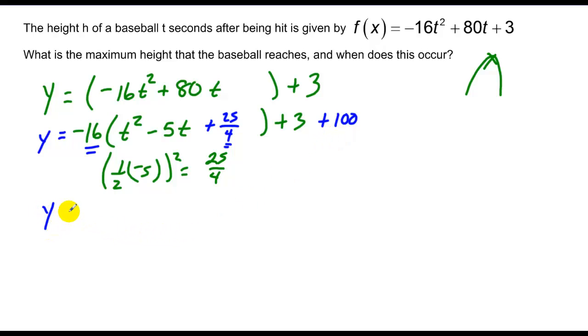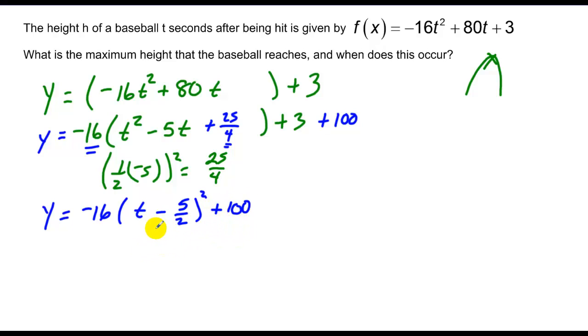Thus I have y equals negative 16. Now when we factor this, because this is a perfect square, I need the square root of t squared and the square root of 25 over 4, which is just 5 over 2. So this factors into t minus 5 over 2 squared plus 100.